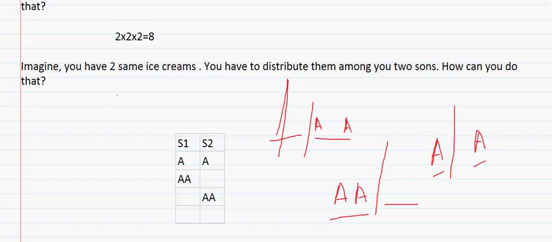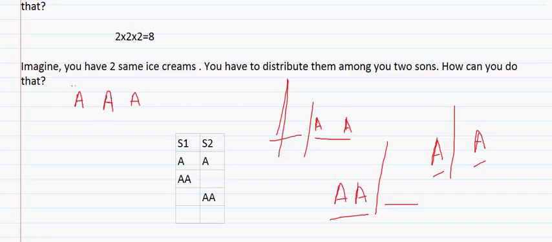Let's make it a bit more complicated. So if you have three things, A, and you have to divide them among three people, right? Which means you would require how many blinds? You would require 2 blinds, right?